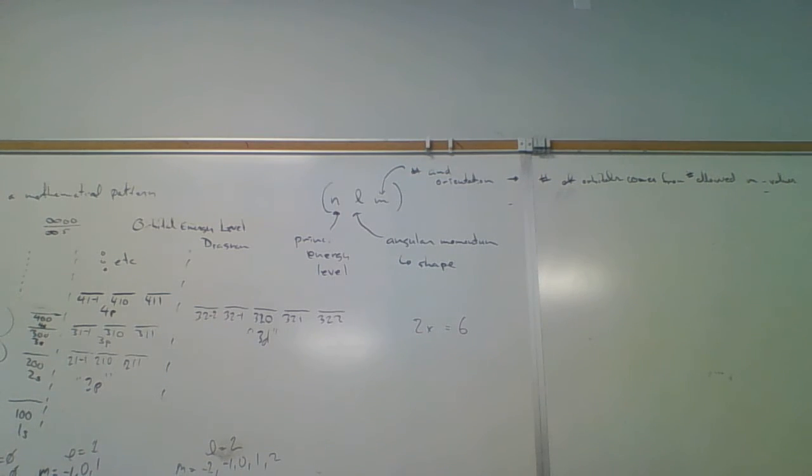So these orbitals, these levels are the levels of increasing energy for the electron? Yeah, they would have different shapes. Let me show you.